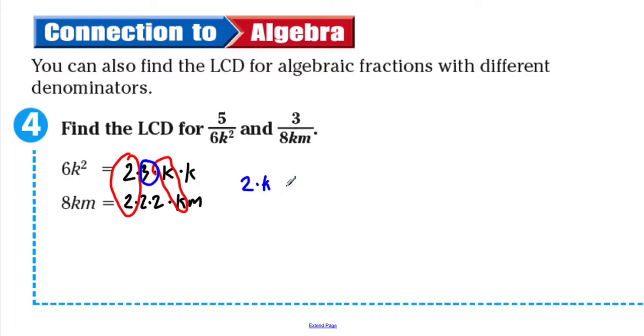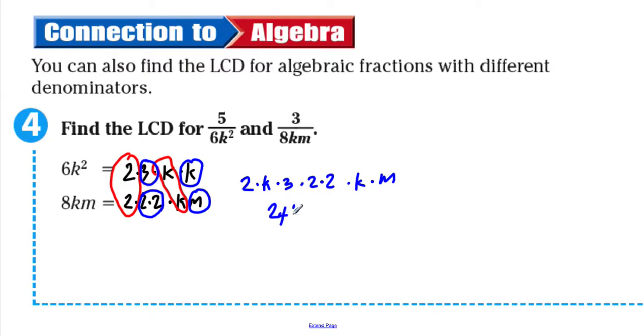This one does not have a partner. These two don't have partners. And the k and the m don't have partners as well. And we multiply all of them. So 2 times 3 is 6, times 4 is 24, times k is k squared.